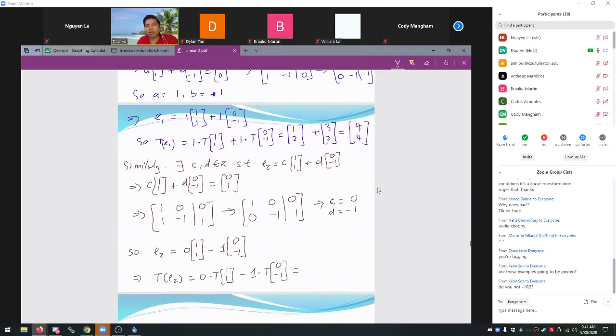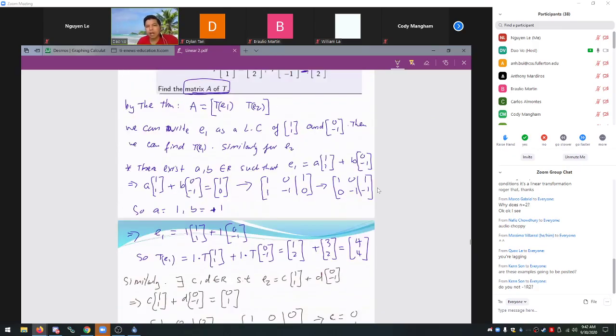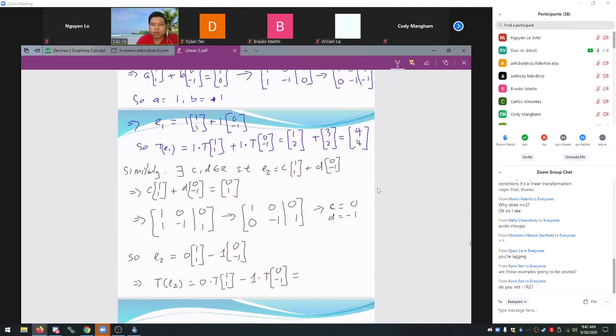So 0 times everything is 0, so we just take care of the second transformation. The second transformation gives us (3, 2). So we get -1 times (3, 2), which gives us (-3, -2).